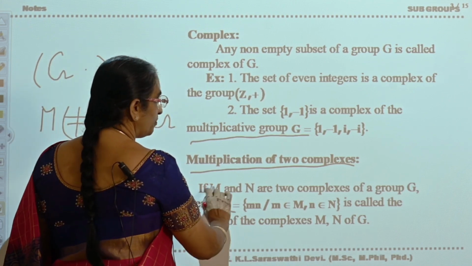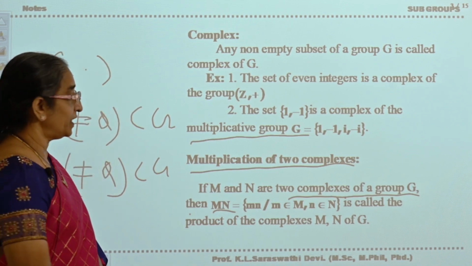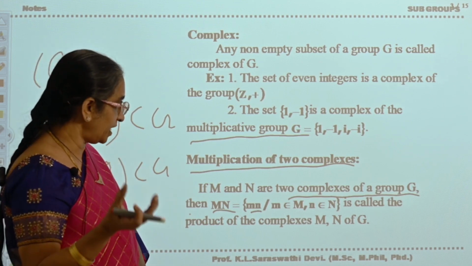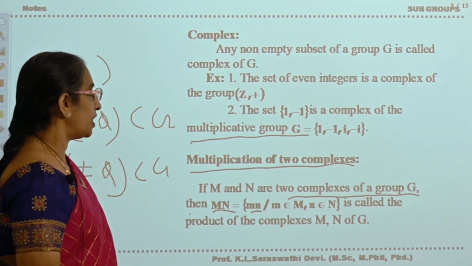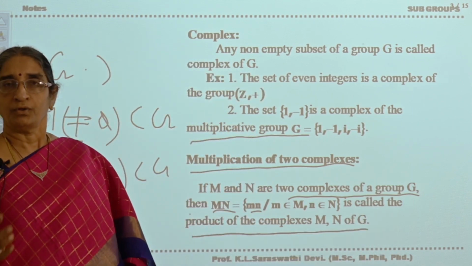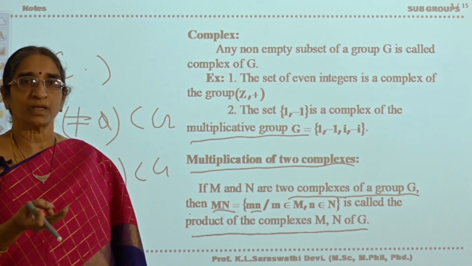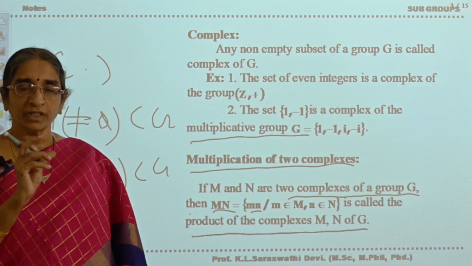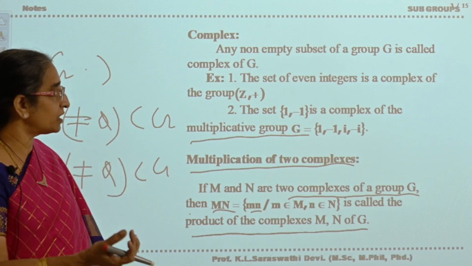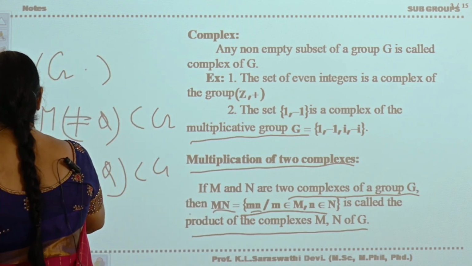M and N are two complexes of a group G. Then MN is equal to the set of all mn where m belongs to capital M and n belongs to capital N. It is called the product of the complexes M and N of G. You have to take two subsets and multiply one element from one subset with another from the other subset. Such products taken together as a set is said to be the product of two complexes.